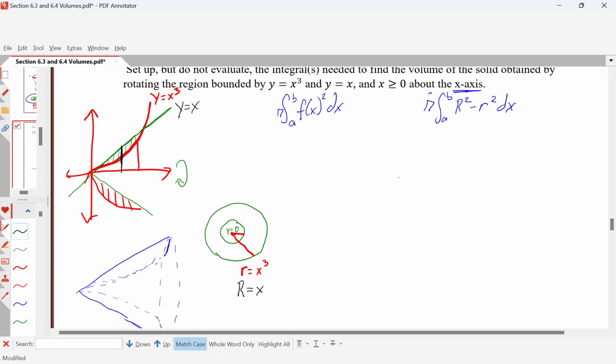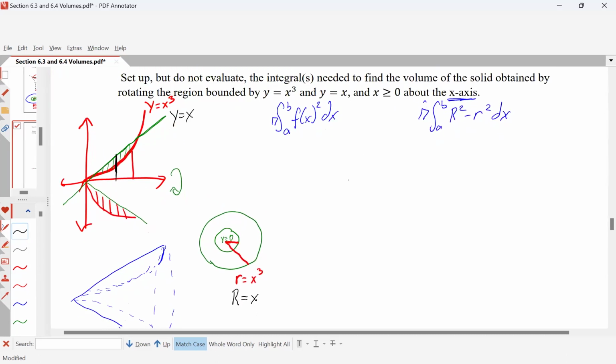So filling in this integral that we don't need to evaluate, we just need to fill in. We have that the volume is pi times the integral of our big radius squared minus our little radius squared dx.